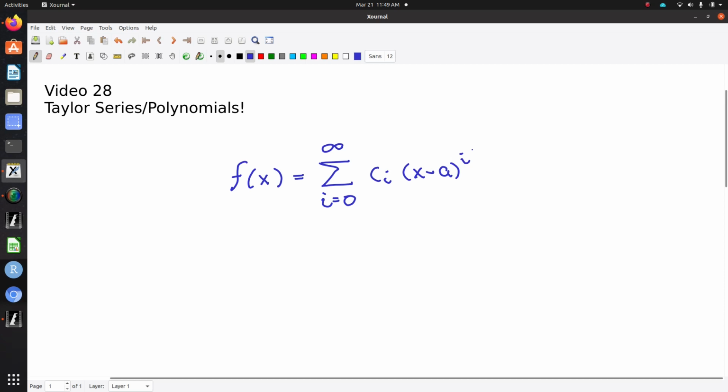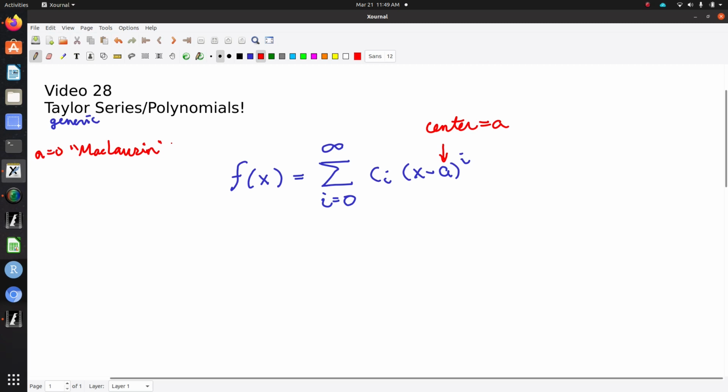We call them Taylor generically. That's the generic term, but if this center, also known as a, equals 0, we can call it a Maclaurin series, our Maclaurin polynomial.